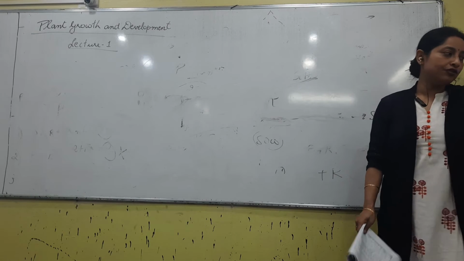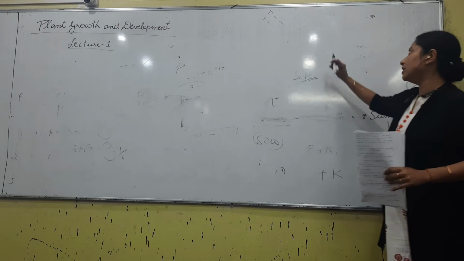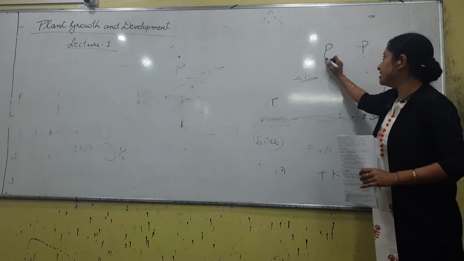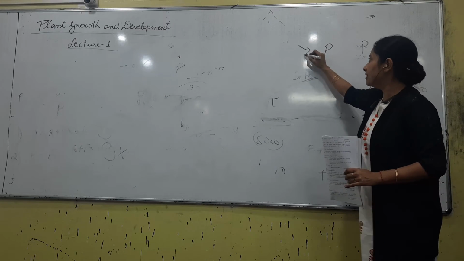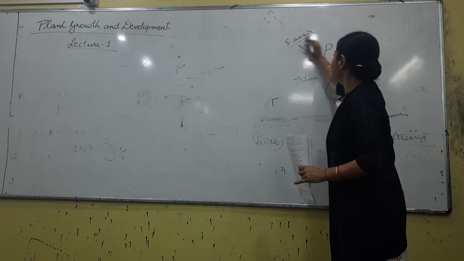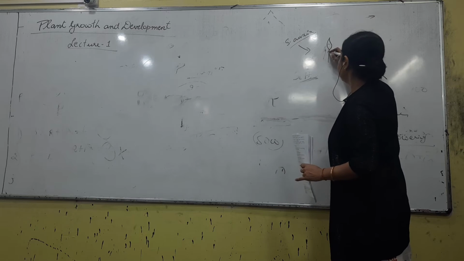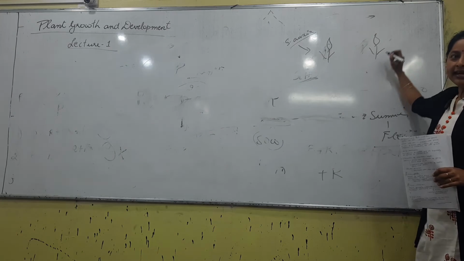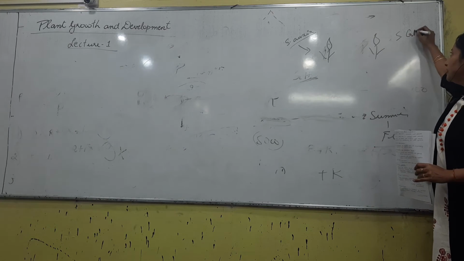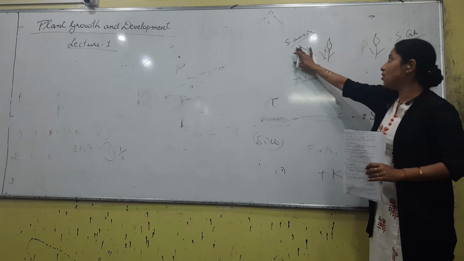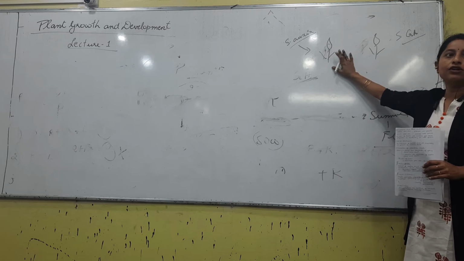But one thing you have to remember is, just take two conditions. You have a plant here, you have a plant here. In this one, you are giving synthetic auxin, right? Similarly, you have a plant here also, with synthetic gibberellin. The point is, synthetic auxin is to modify the result.